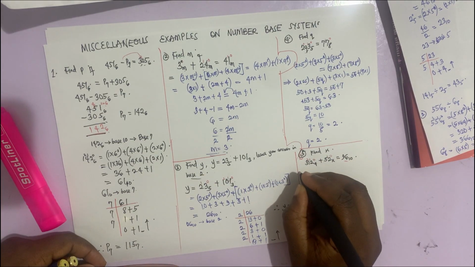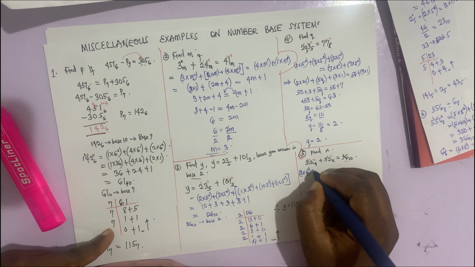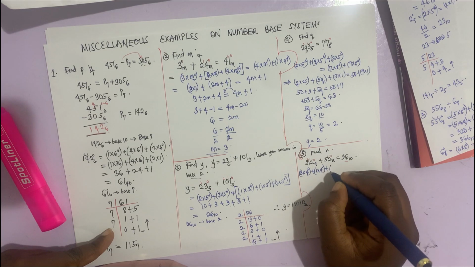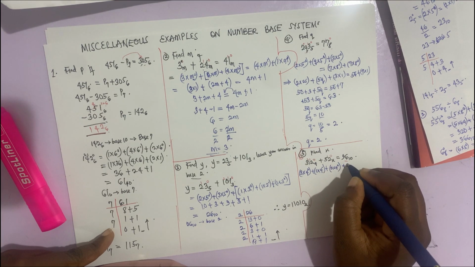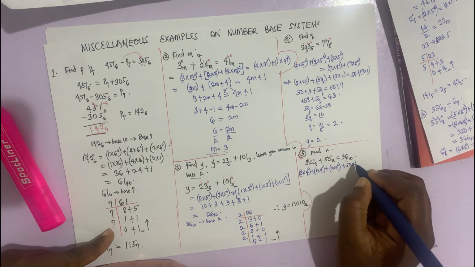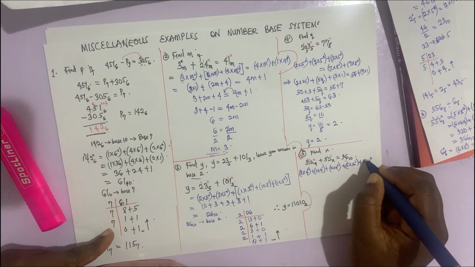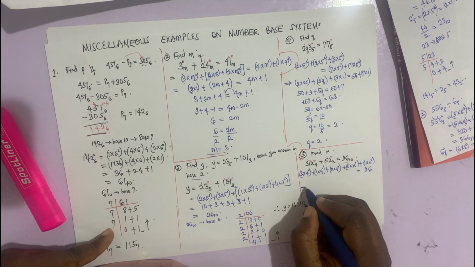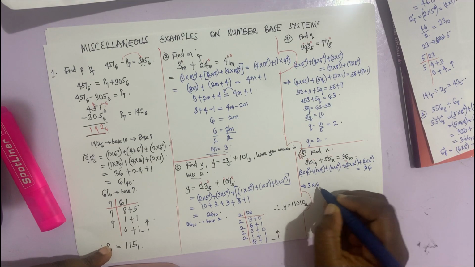So this becomes 3 times the base 4 raised to the power 2, plus 1 times the base 4 raised to the power 1, plus 2 times the base 4 raised to the power 0, plus 5 times the base x raised to the power 1, plus 2 times the base x raised to the power 0, will give us 96.